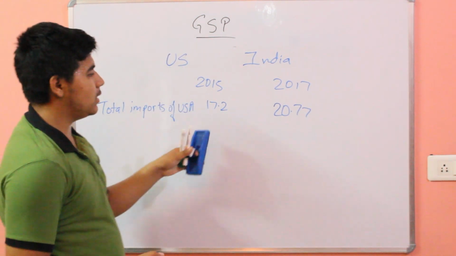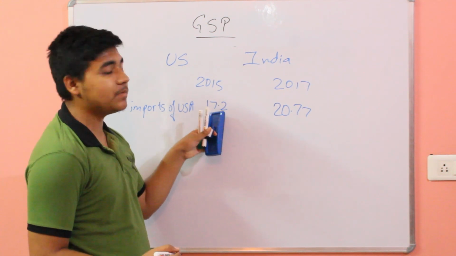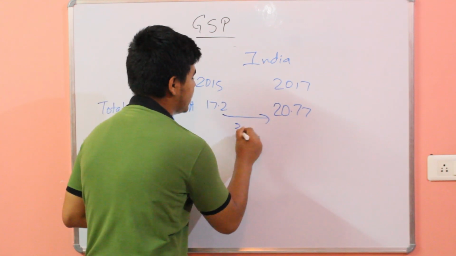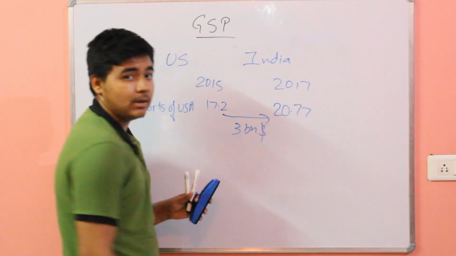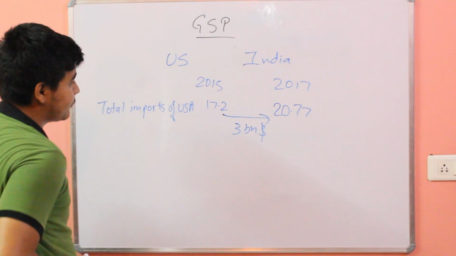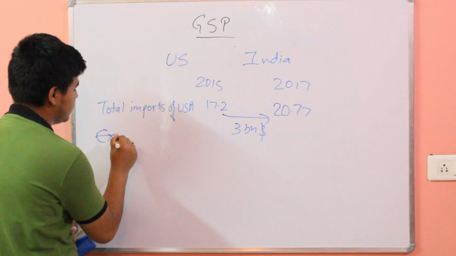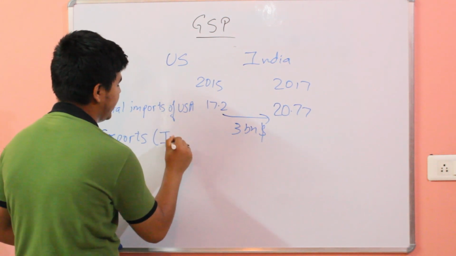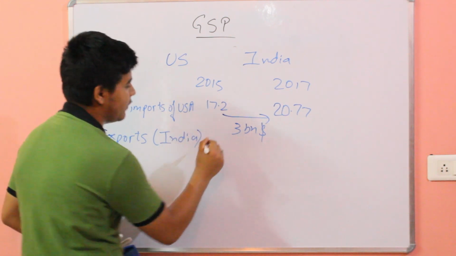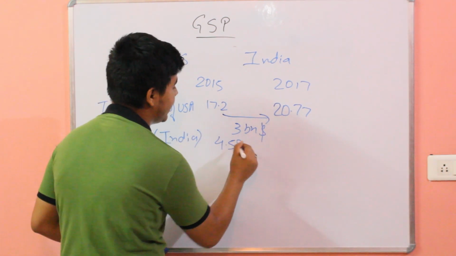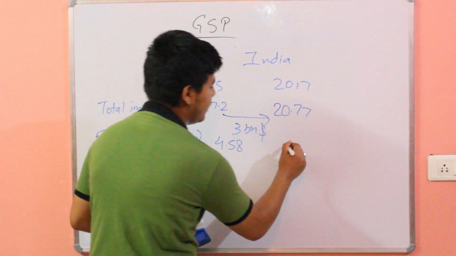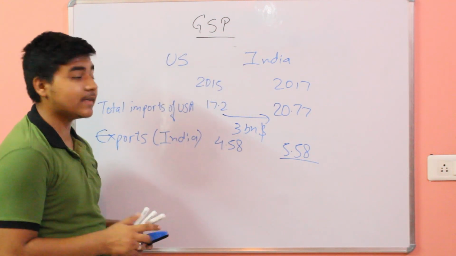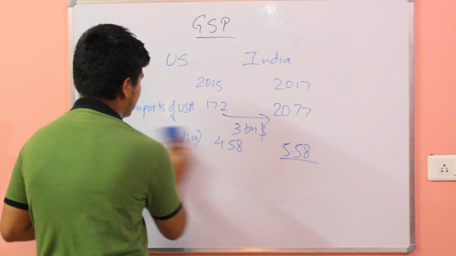So imports increased from $17 billion to $20 billion, a $3 billion increase, out of which exports from India to USA were $4.58 billion in 2015 and $5.58 billion in 2017, nearly a $1 billion increase.